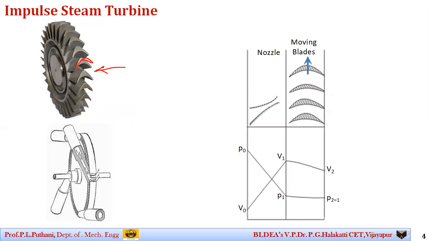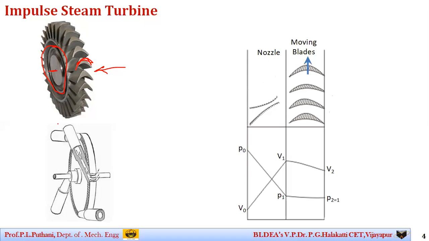These blades are mounted on a ring, which we call a rotor. At the center we have a shaft on which this rotor is mounted. As these blades rotate, the shaft also rotates and energy is generated.